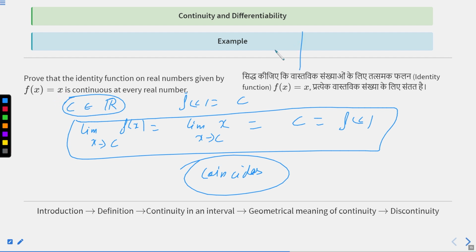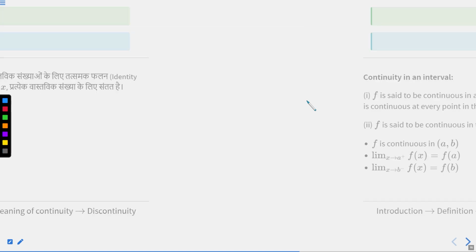And if you try to see it from the graph, it looks like this: a line passing through the origin, f of x equals x. As you can see, this is a continuous graph. Simple, easy things. Okay, let us move to next.